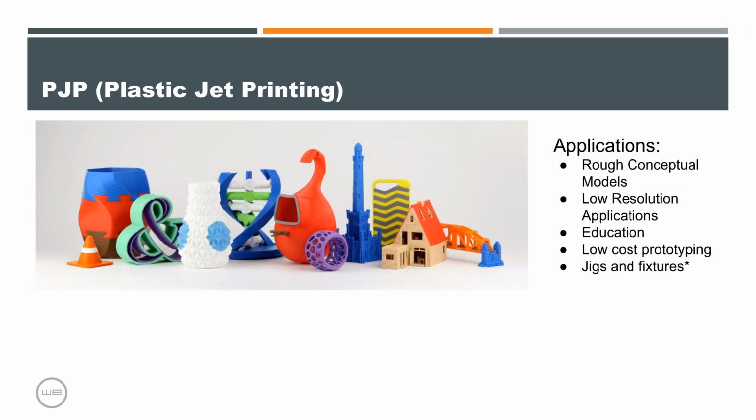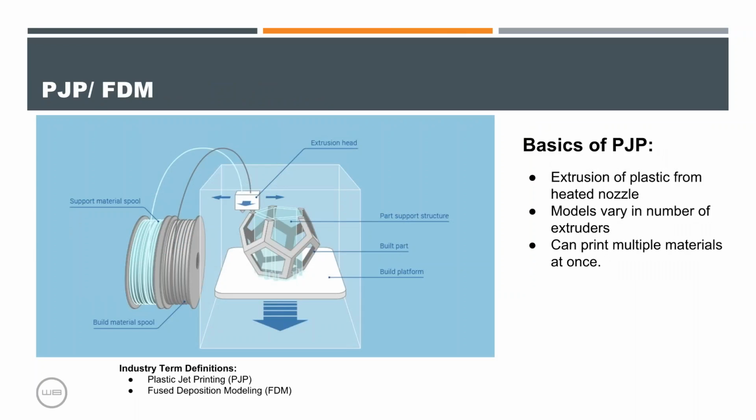So how does PJP or FDM, fused deposition modeling, work? I also want to point out, every time I get to one of these slides on the bottom, we'll have definitions of the industry terms. I'll be saying a lot of acronyms. We try to define the main ones on the bottom. That way, you can reference back to that every once in a while.